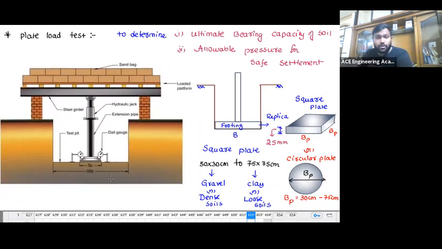So first thing first, I am going to excavate a test pit. What is the width of the pit or foundation? Its width is equal to 5 times the width of the plate, where BP is the width of the plate and BF is the width of the foundation.